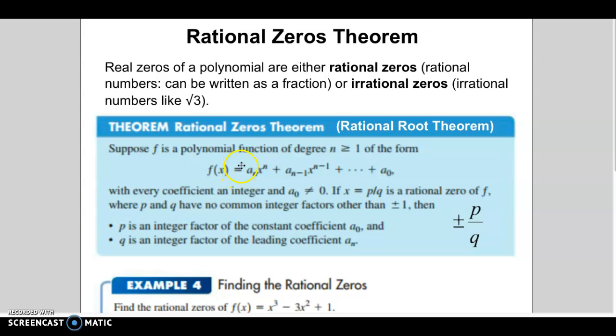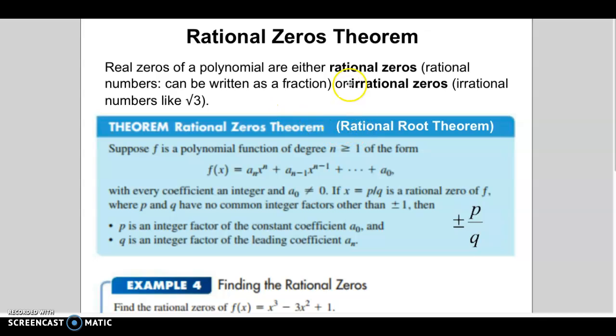When we look at a function, it could have rational zeros, meaning solutions or x-intercepts that can be written as a fraction. It could have irrational zeros, meaning zeros that are numbers like the square root of 3. It could also have imaginary number solutions, which we'll talk about in another lesson.